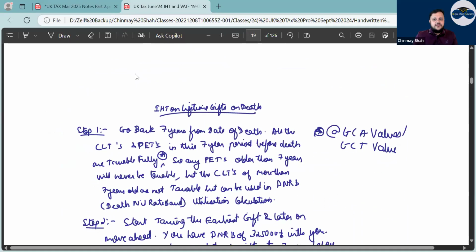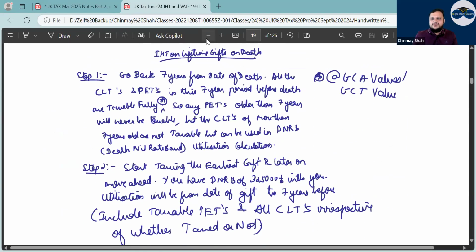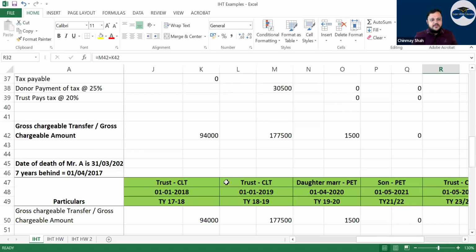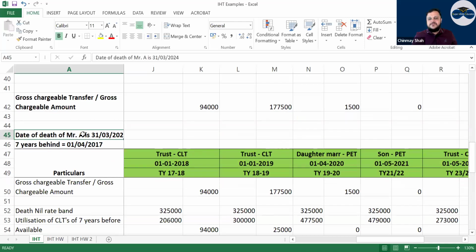So IHT on lifetime gifts on death, have a look. Now see, in lifetime, on CLTs you are paying tax, but if you die, right? Not you, but whoever the person who has given gifts, like we were doing this example in Excel. So if this person dies, I have also taken that scenario. Date of death of person is 31/03/2024.